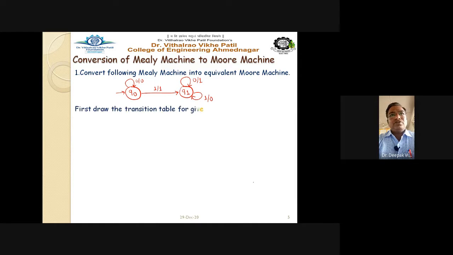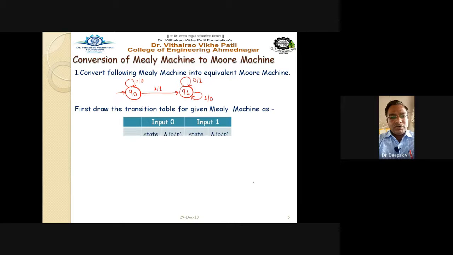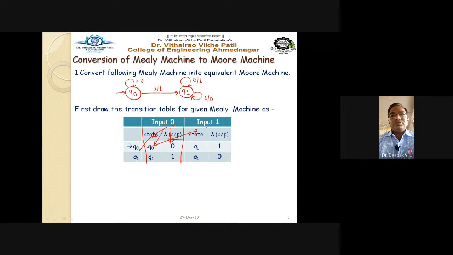So see here, first draw the transition table. For simplicity and understanding, let us draw the transition table for the given Mealy machine. As you know, we have to draw it for input 0, so there are two columns pertaining to input 0. So state and lambda, that is nothing but q0 on input 0 goes to q1 and produces output 0. q0 on input 1 goes to q0 and produces output equal to 1.